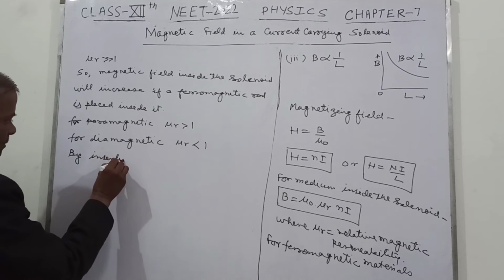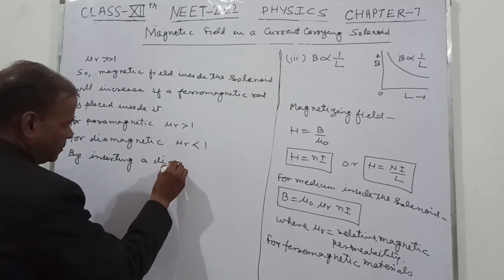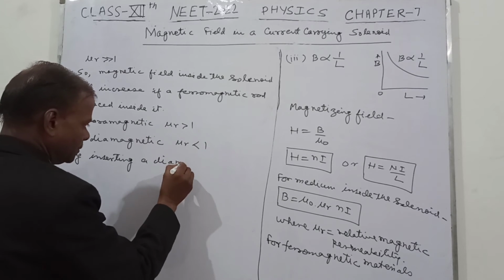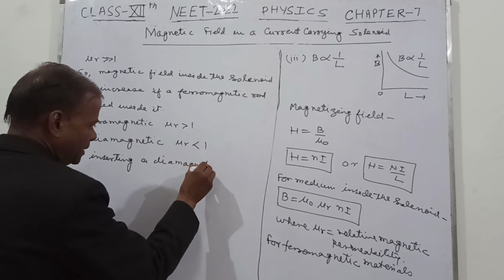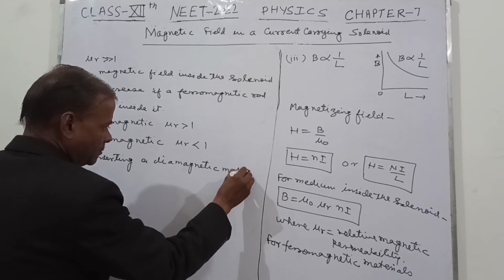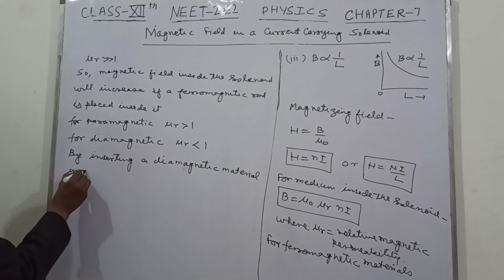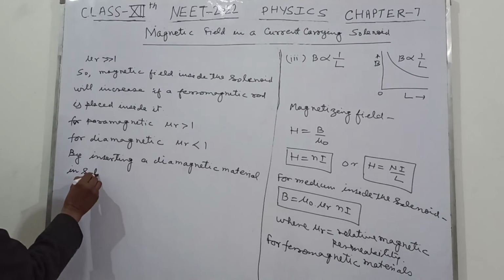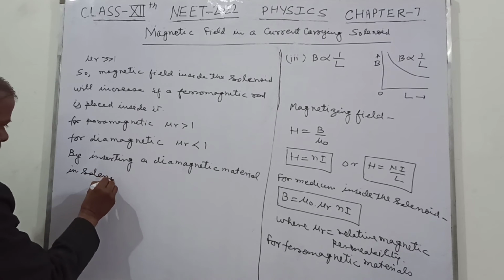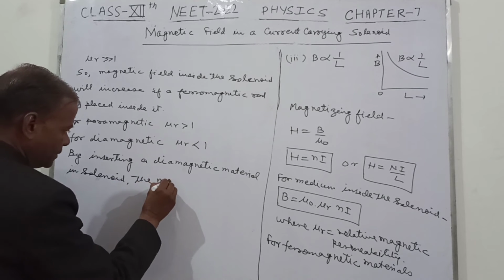By inserting a diamagnetic material in the solenoid, the magnetic field will decrease.